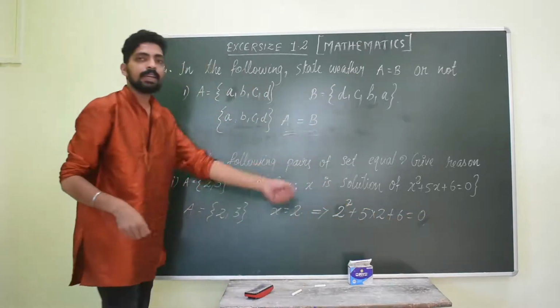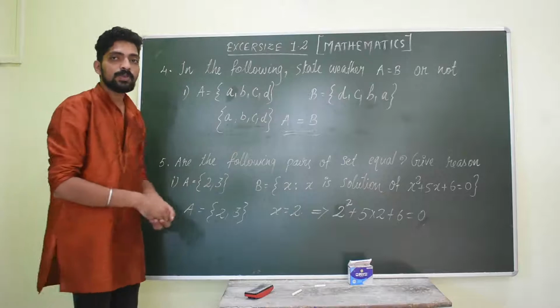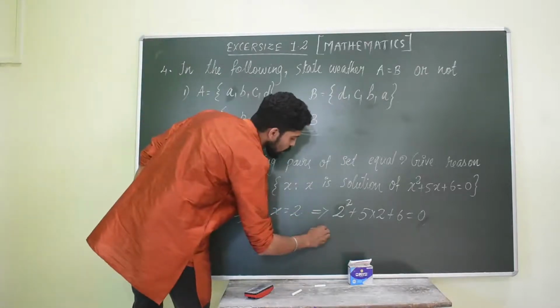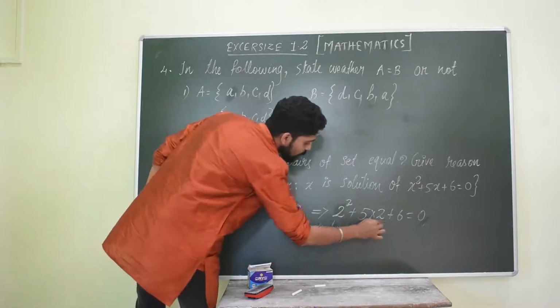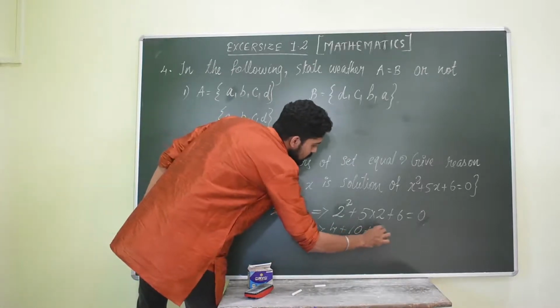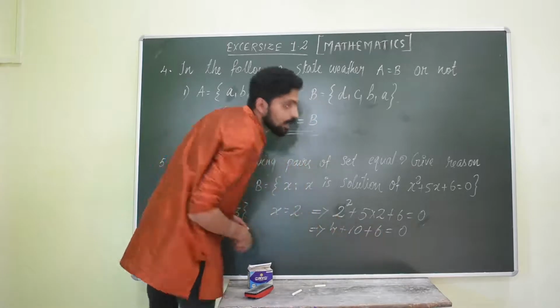This is the equation. We can solve this one. 2 square is equal to 4, plus 5 into 2, 10, plus 6 is equal to 0, right?